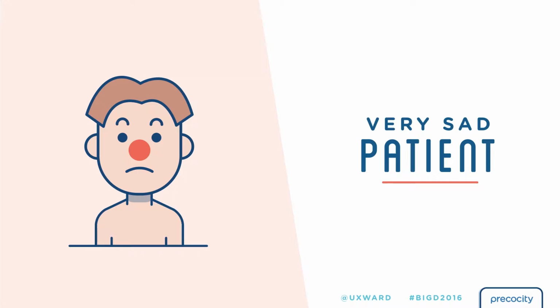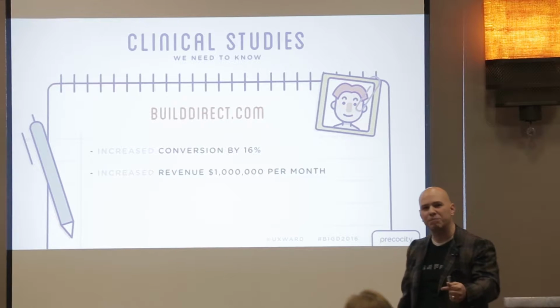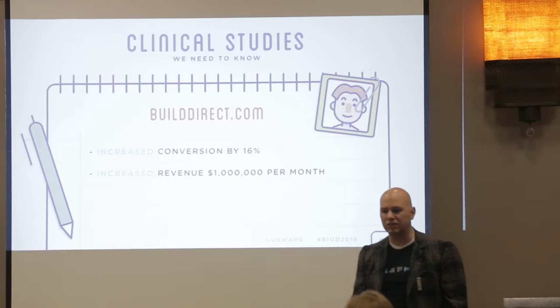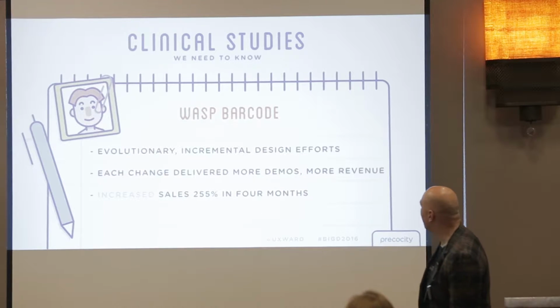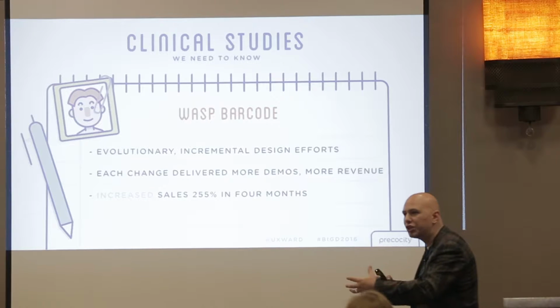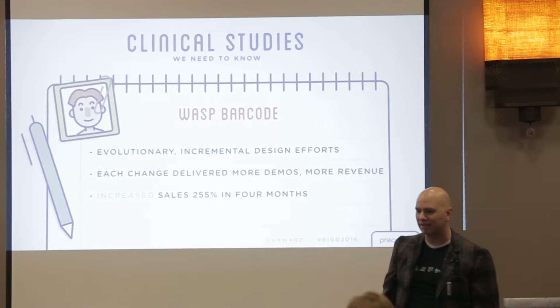But there are some good stories too. BuildDirect.com, they increased conversion by 16% and did an additional $1 million a month with their redesign efforts. Not every redesign fails. WASP Barcode, they used an evolutionary approach. Each change delivered more and more stuff, more and more change, more and more insight, and they increased sales 255%.